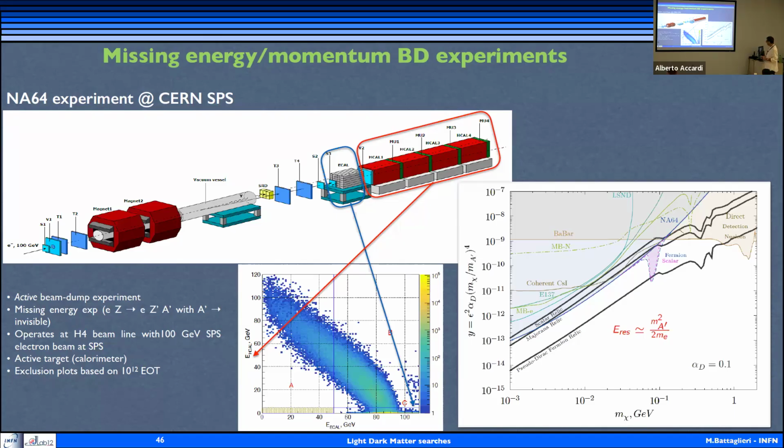If I see an event in this region where I miss a significant fraction of energy, it means that probably it produced something that flies away, something weakly interacting because I didn't see it. They didn't spot anything, but they put a stringent limit again on the same plot. You see, they were almost covering one of the two possible relic targets using this technique of missing energy.